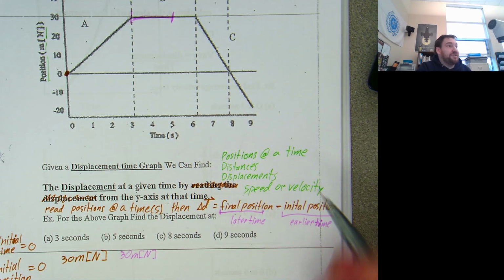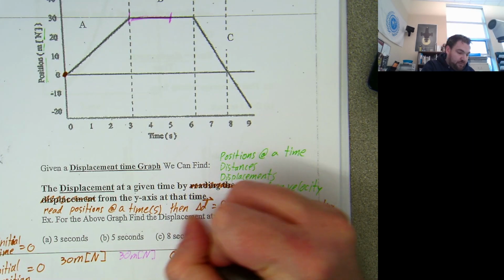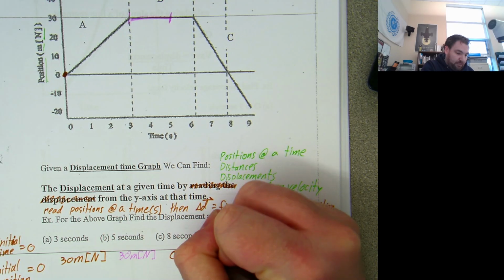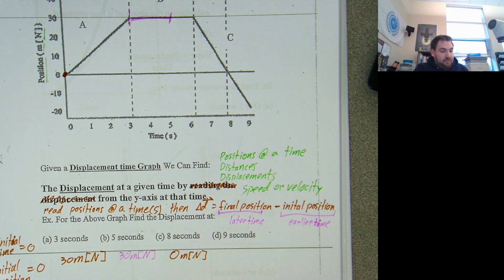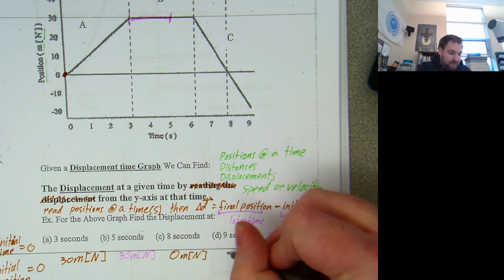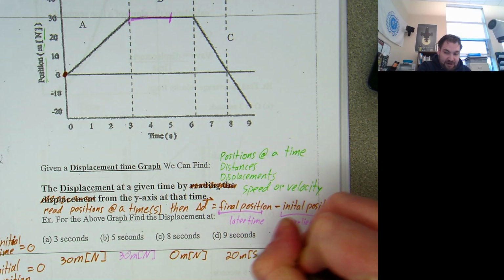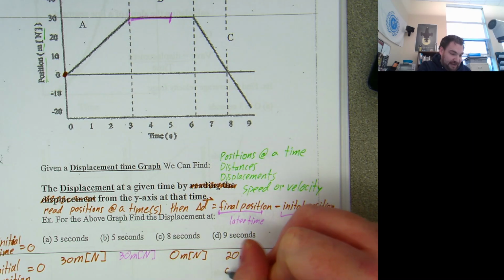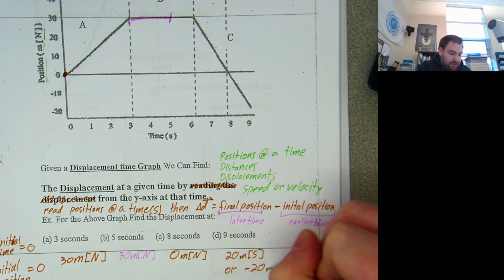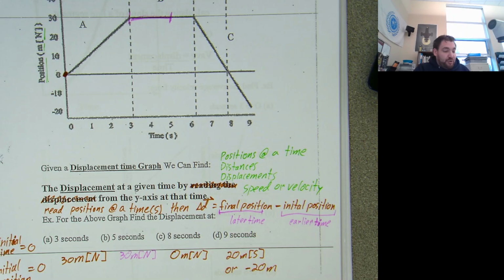Back at its initial, so what's the displacement? 0. And then at 9 seconds, where's the bug? -20 meters south, or, and Kale, you just said -20 meters. Yeah, you bet. So those are displacements.